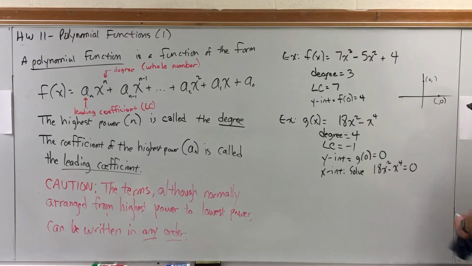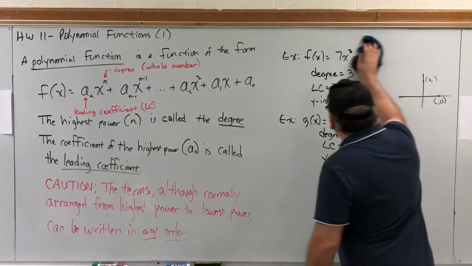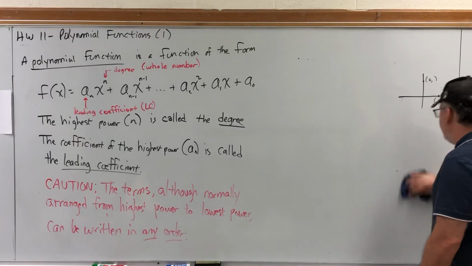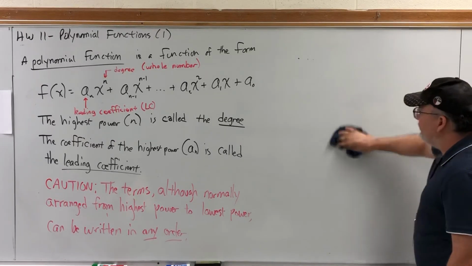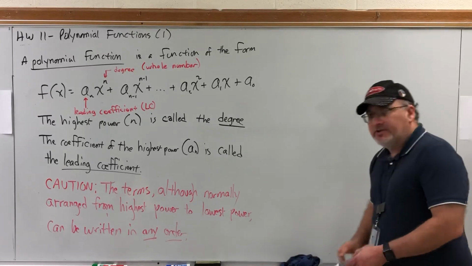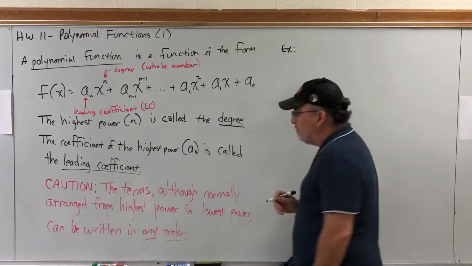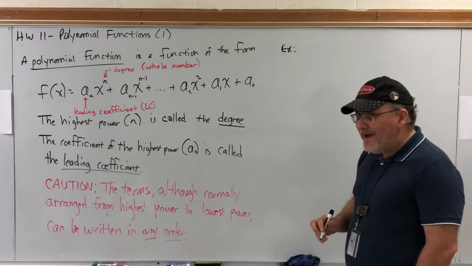Let's take a look at one more example, because as long as your polynomial function is just sitting there showing you all of its terms, it's really easy to locate the degree, and it's really easy to locate the leading coefficient. But we are going to run across some polynomial functions that are already factored.